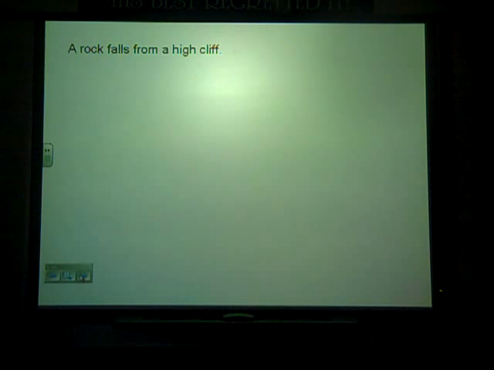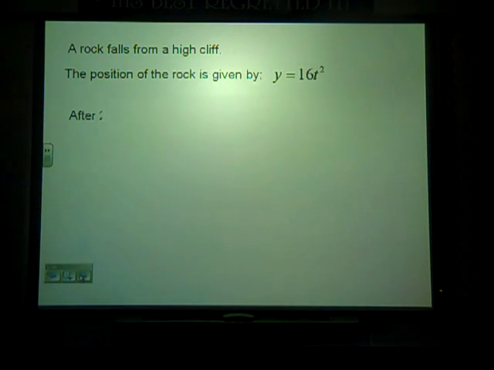So we looked at the Tetons when we started this video, so let's think about a rock falling from one of those high cliffs. Its speed at the top of the cliff is 0, but then it's going to fall off the cliff and it's going to increase its speed as it goes down. So think the position of the rock would be y equals 16t squared.